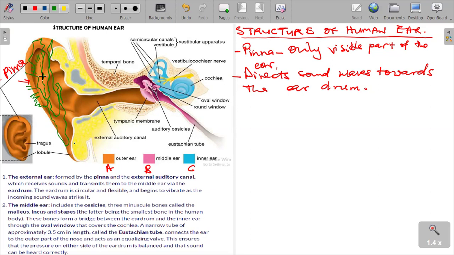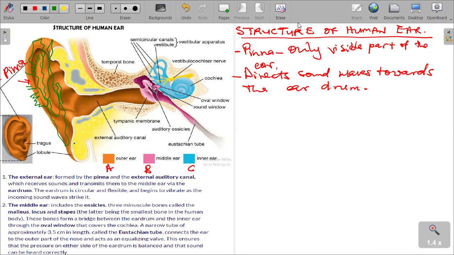The pinna ensures that when sound waves are released, a person is able to hear, because that part is cartilaginous and big enough to direct the sound waves towards the eardrum, taking them into the ear where they can go to the eardrum.